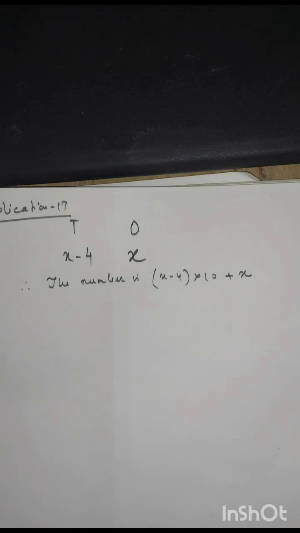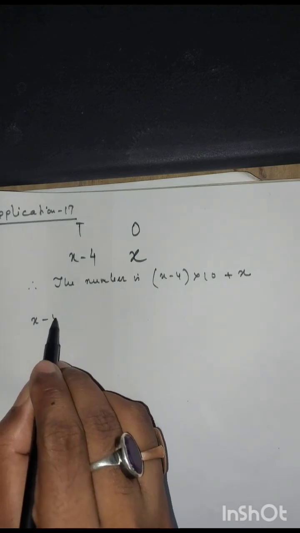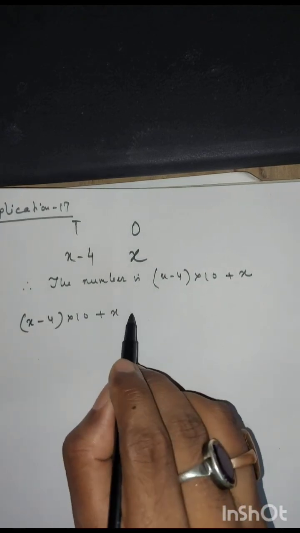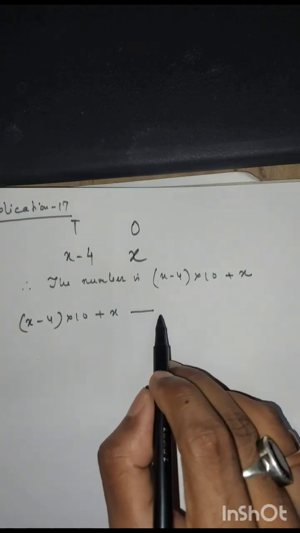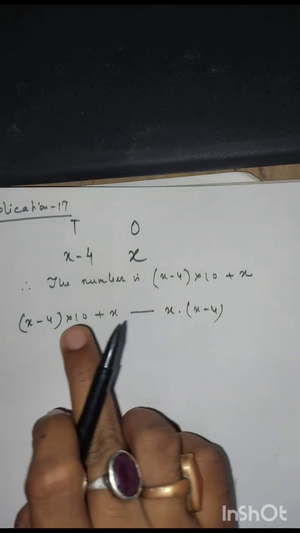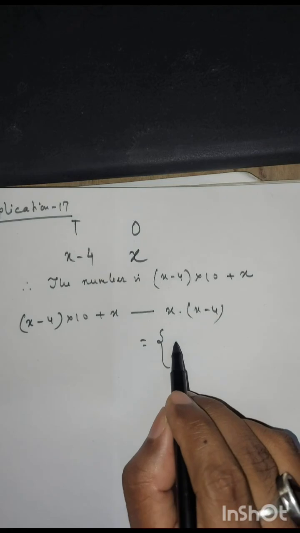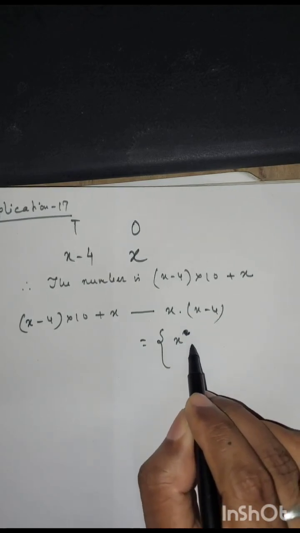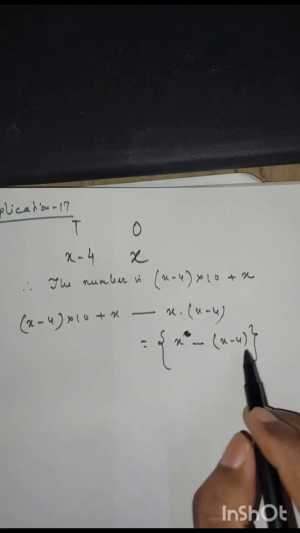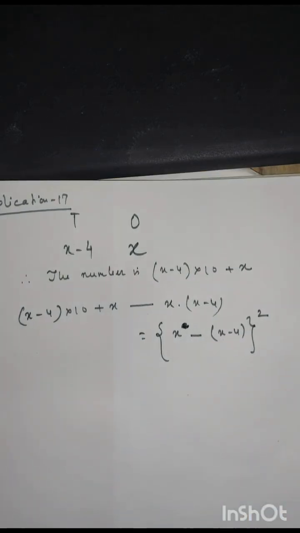Now the second part of the question says, if we subtract the product of the digits, that means this, from the given number, we get the square of the difference of those digits.